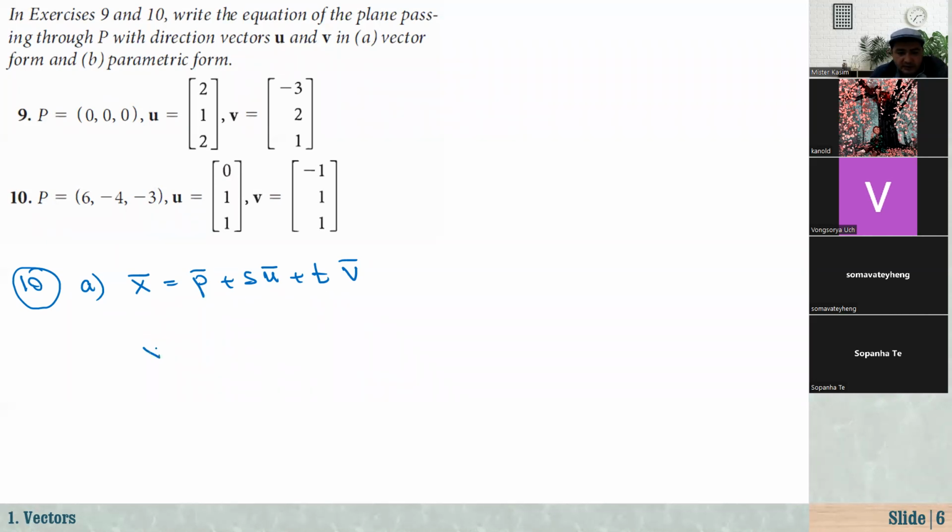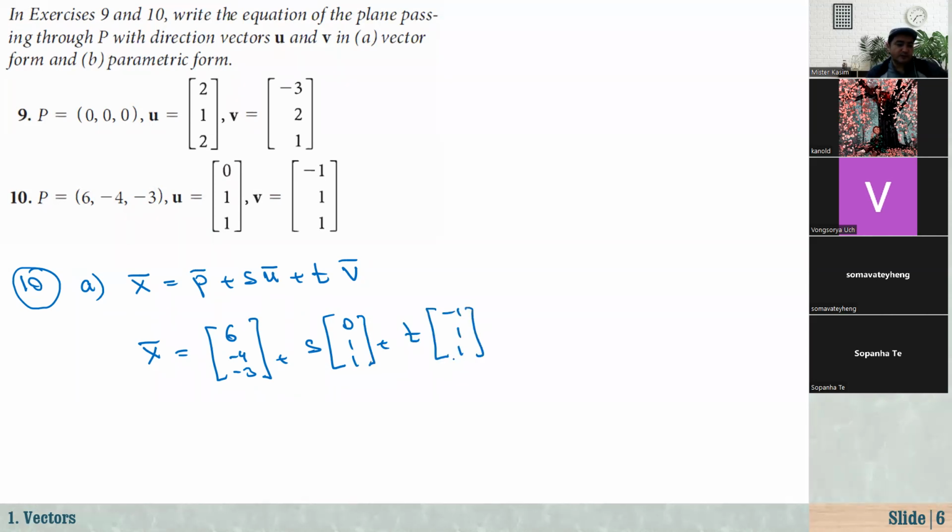So x will be P, which is 6, -4, -3, plus s times U. What is U? 0, 1, 1. And plus t times V, that is -1, 1, and 1. Okay. And how about the parameter equation?